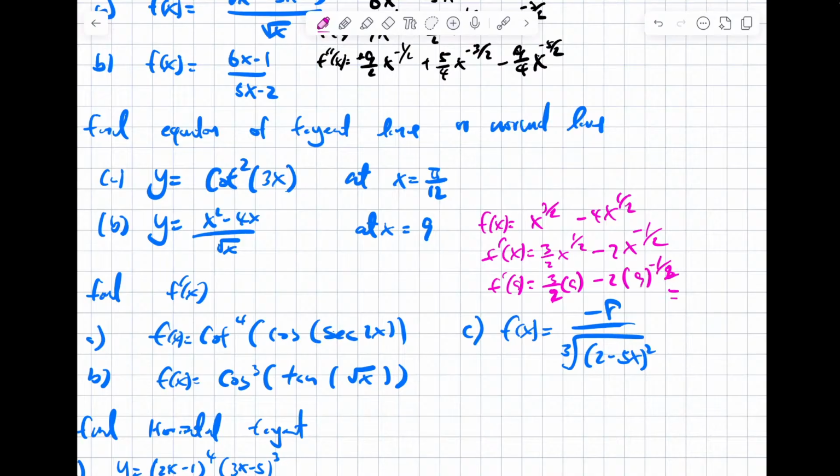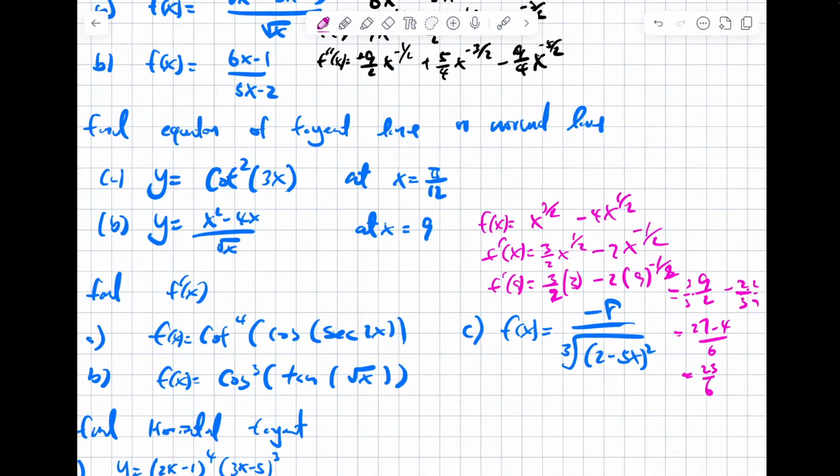So it'd be 27/2 minus 2 over 9 to the 1/2. 9 to the 1/2 is the square root, so that's 3. So it's 9/2, and this one is gonna be minus 2 over 3. So this is 3/3, this is 2/2, so that is gonna be 27 minus 4 over 6. So it'd be 23/6.